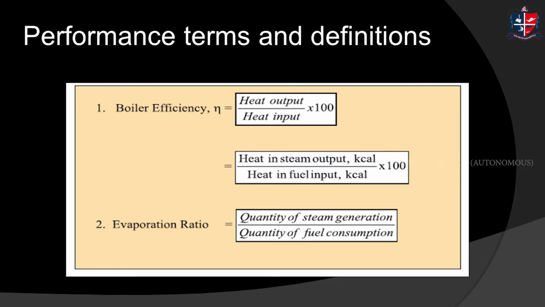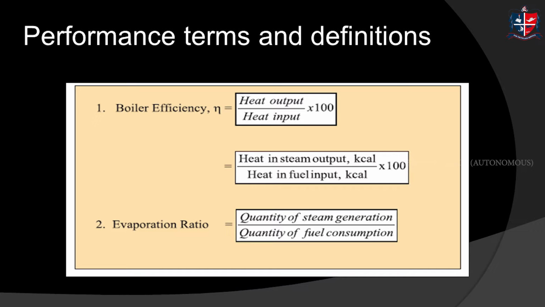Fuel, in the presence of air, undergoes combustion. It will burn and boil the water. So on the input side we have fuel, and on the output side steam is generated. So for output by input efficiency, the heat in the steam output is the heat output and the heat in the fuel is the heat input. Both these parameters are taken in kilocalories, and we multiply by 100 to get boiler efficiency.